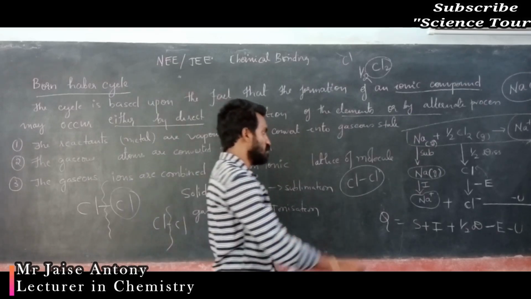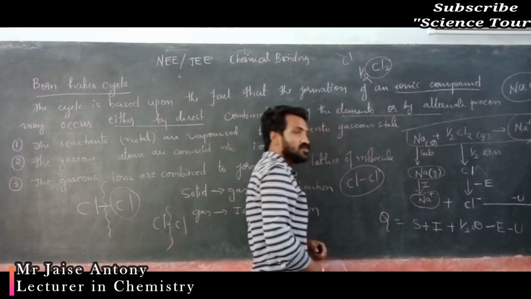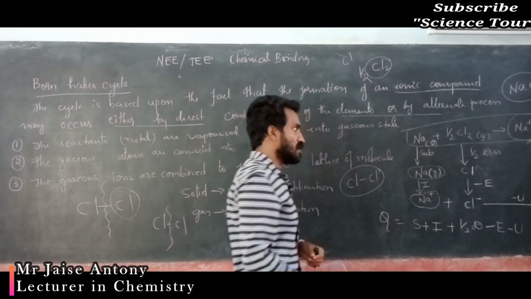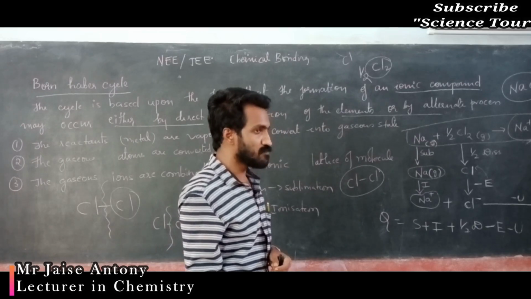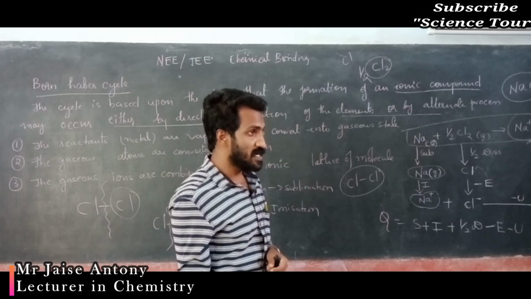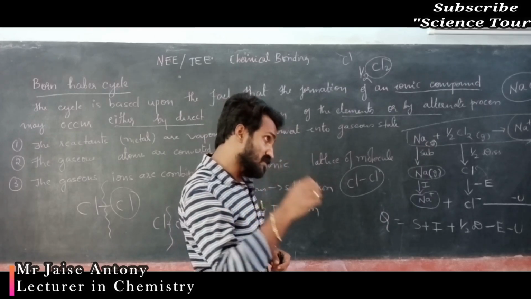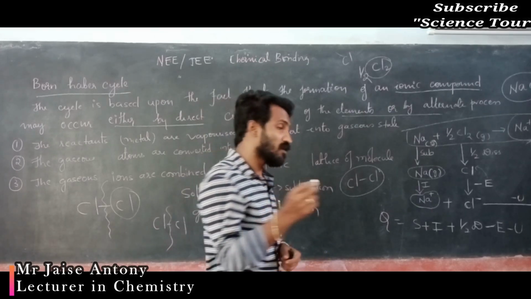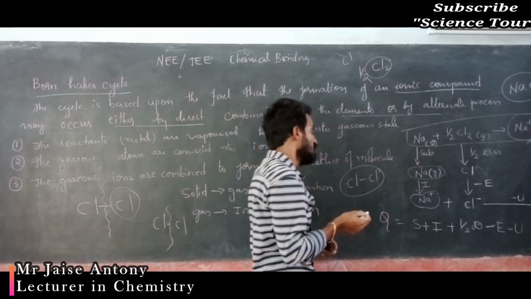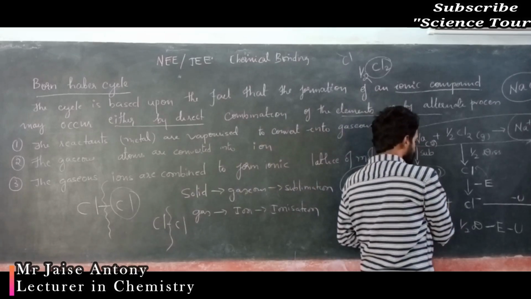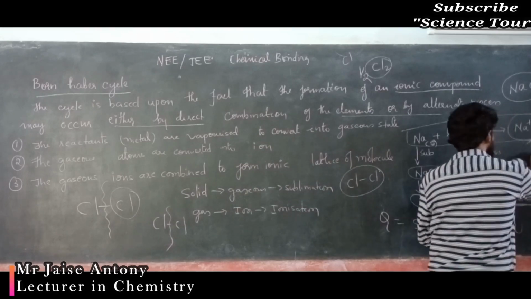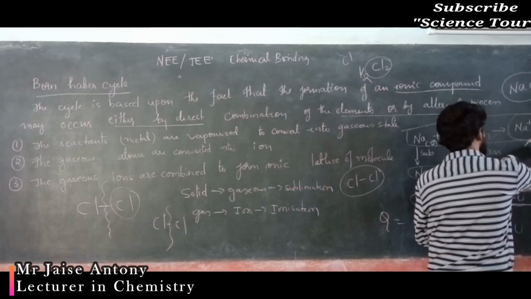So here, in the first step you got the sodium ion. In the second step, you converted the chlorine molecule to chlorine atom to chloride ion. How can we convert a chlorine atom to a chloride ion? By adding an electron, that is called electron affinity. During that process energy is released. Then we combine sodium Na plus and Cl minus, which gives the sodium chloride crystal.